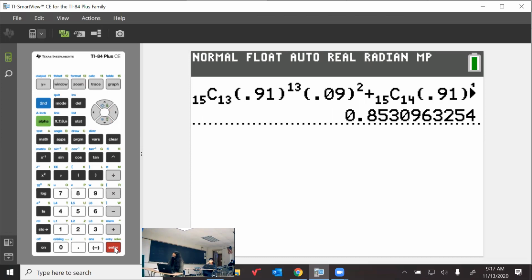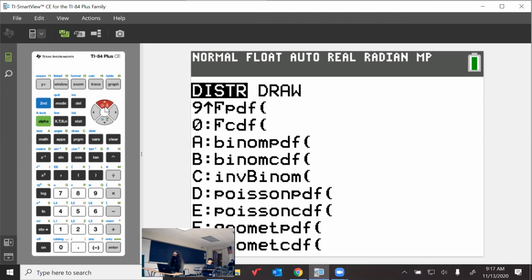So we go to distribution. Careful, you're choosing the C, because you want to add up all the things up to and including 12. If you typed A there, you got the P, and you did 1 take away that, that would be everything except 12 successes. You're going to get an answer, and that answer is going to be one of the multiple choice selections, but you have to use your numeracy skills here.